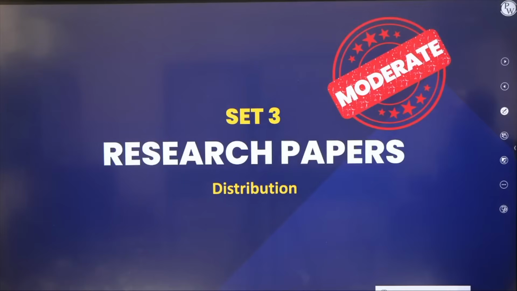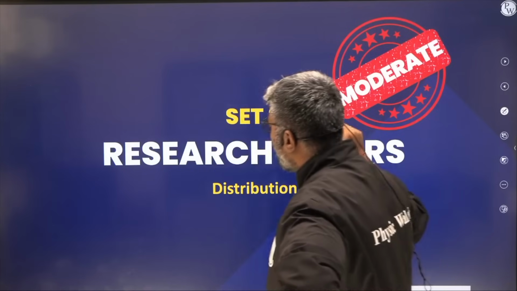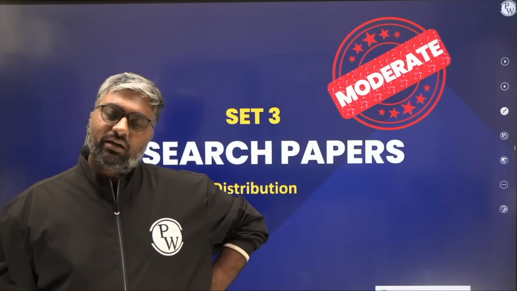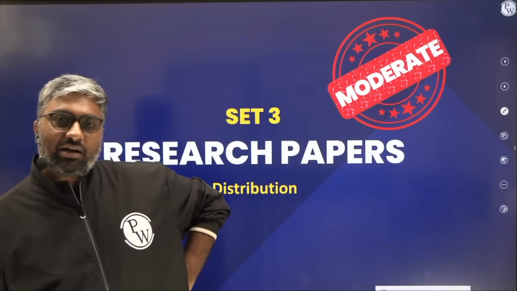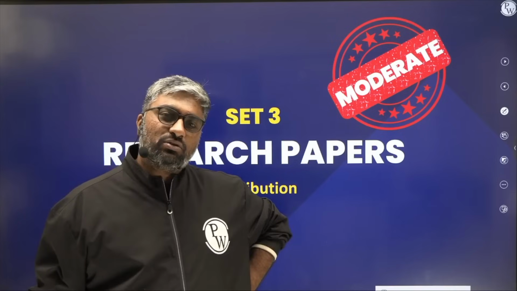So with this we are done with the set. I definitely give it a moderate set. Moderate because it was not data heavy. It did not in fact include any data at all except for the number of papers, but that was doable.